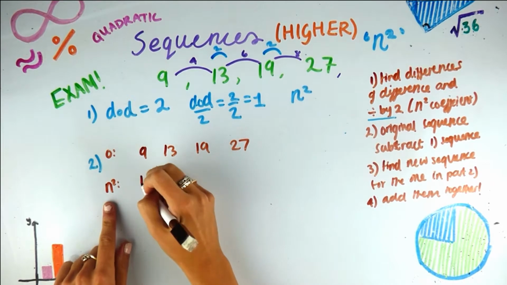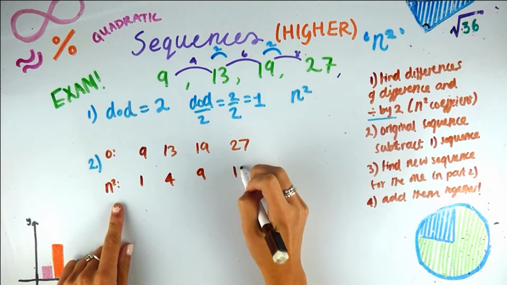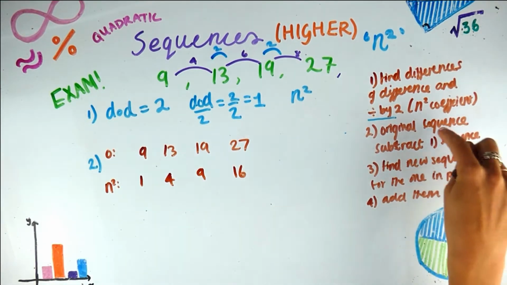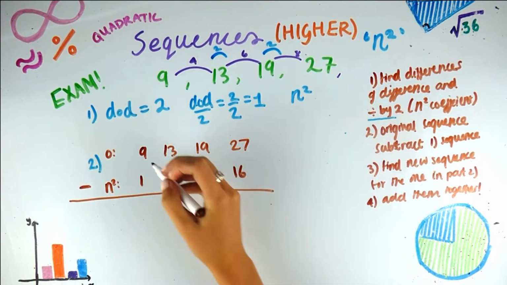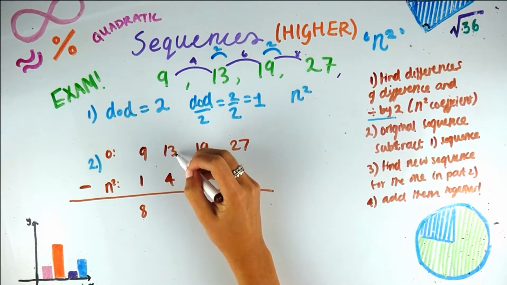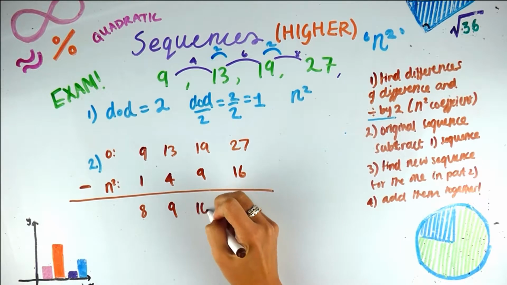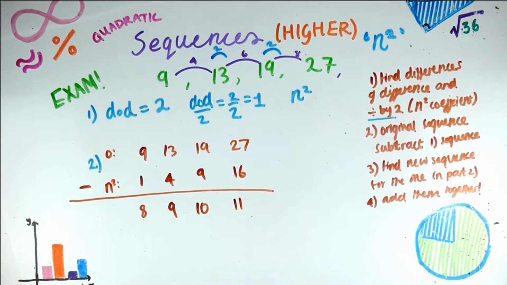So n squared: 1 squared is 1, 2 squared is 4, 3 squared is 9, 4 squared is 16. Subtract this new sequence from the original. So 9 take away 1 is 8. 13 take away 4 is 9. 19 take away 9 is 10. And 27 take away 16 is 11.